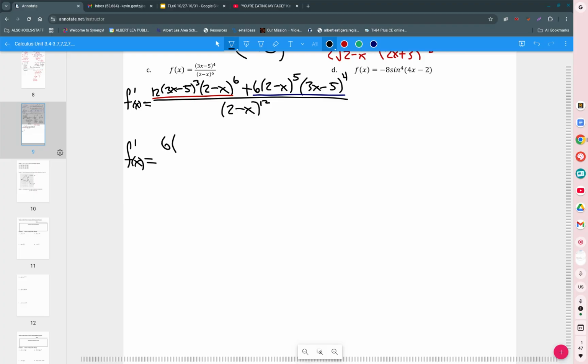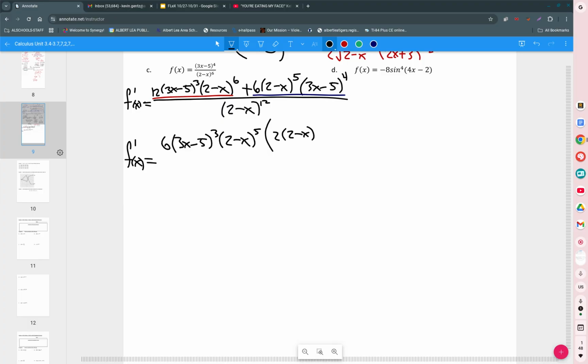Now we look at the 3x minus 5s. They share a 3x minus 5 to the 3rd. And then they share a 2 minus x to the 4th, 2 minus x to the 5th. Good. Times, so that's the common factor we took out. So what's left from the red? 2 times 2 minus x.